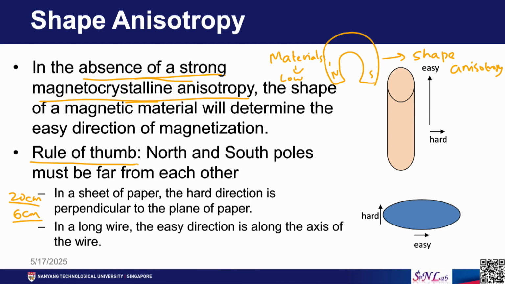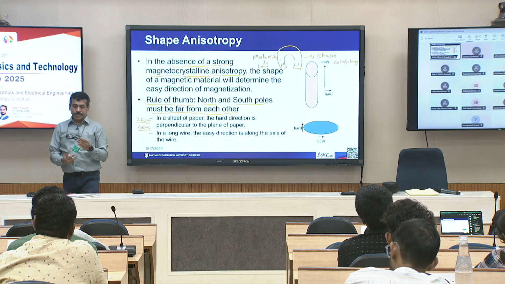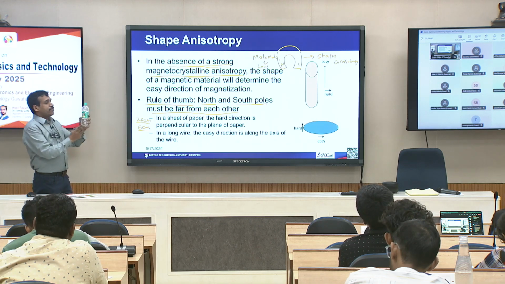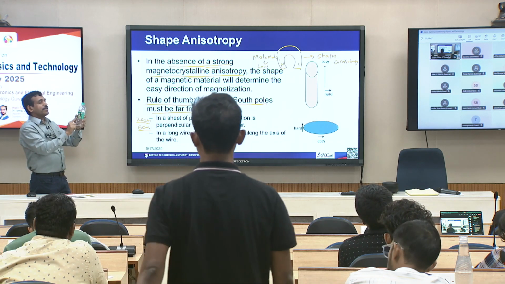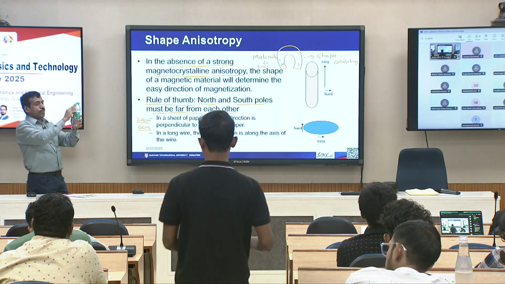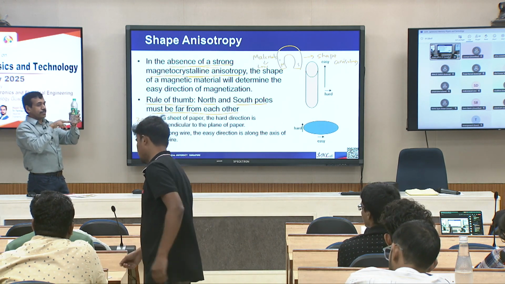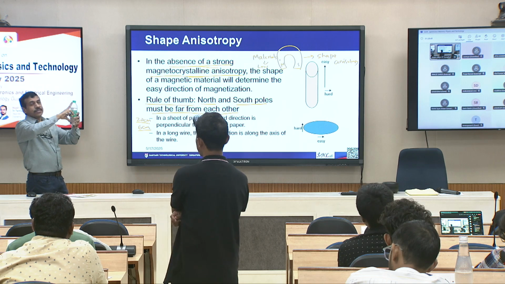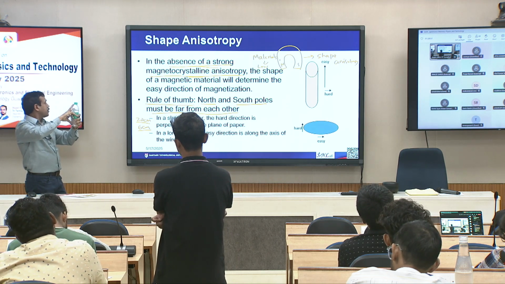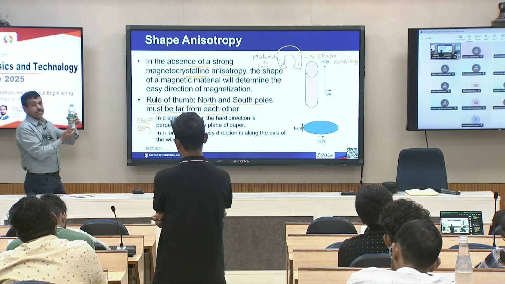So, the shape anisotropy prefers that the north and south poles must be far from each other. We magnetize this in two directions. In one case we magnetize along this direction, in another case we magnetize along this direction. Here you see the spacing is 20 centimeter, here the spacing is 6 centimeter.